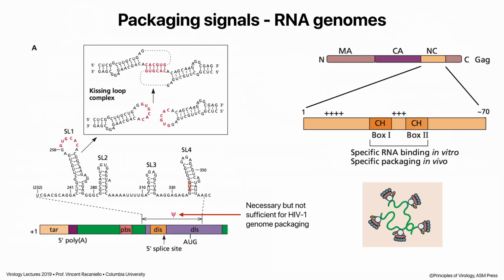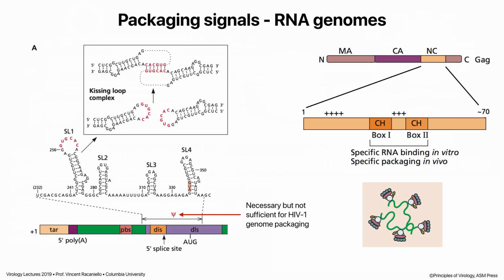So on the right side here is the GAG protein, the very first protein in the retroviral genome when we look at the simple genomes. It's composed of matrix, capsid, and nucleocapsid, and we'll revisit these other 2 proteins. But the nucleocapsid at the C-terminus has 2 sequences that bind RNA, so they will recognize these 2 RNAs, and they will bind the RNA.